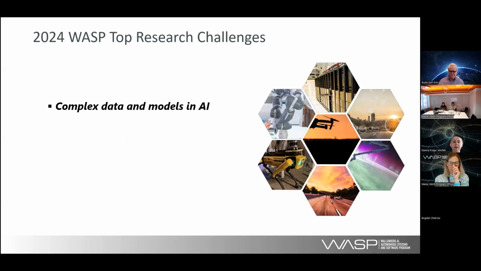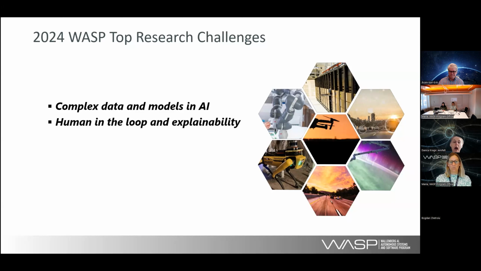So if we think a little bit about what WASP's top research challenges are in the 3 areas that I mentioned, AI, autonomous systems, and software, we conduct research in dealing with complex data and models, very much from the perspective of theoretical, but also applied AI.